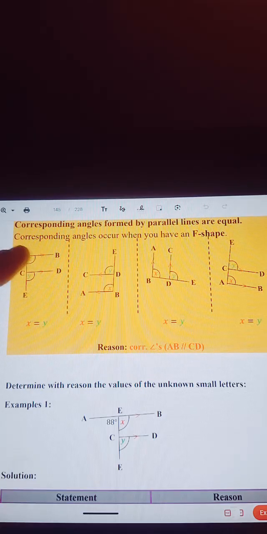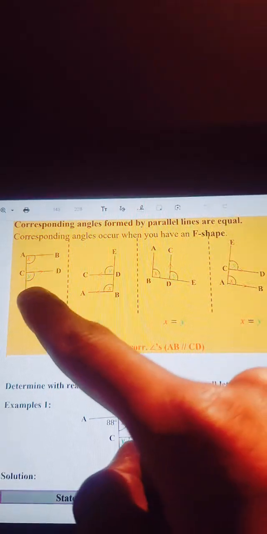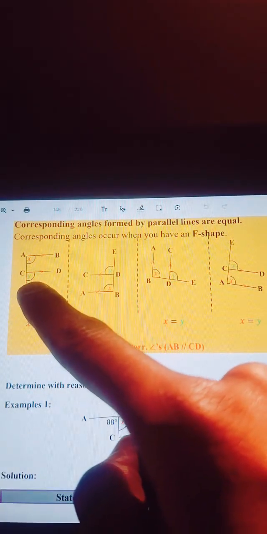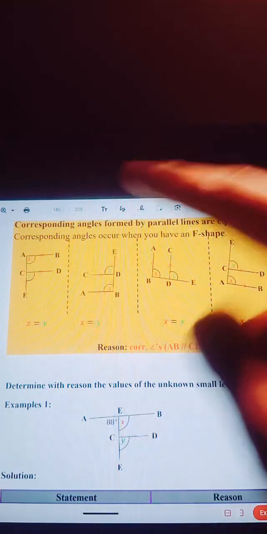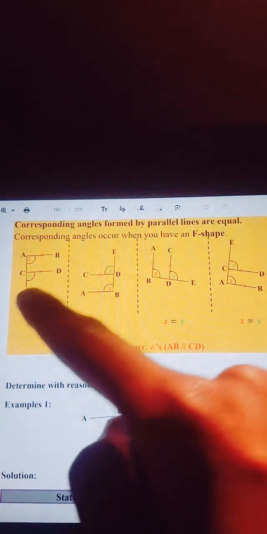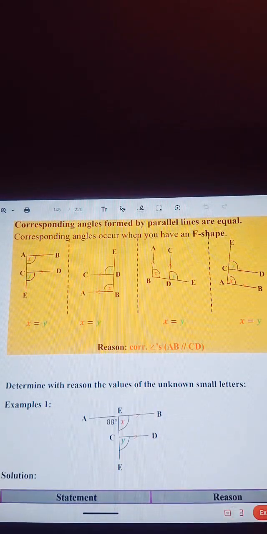Because of the resulting F that you see here, the transversal and the two parallel lines, you will have an angle situated below one parallel line, and an angle situated below the other parallel line. So it's like you have an angle below and an angle below, in the same position but on different lines.